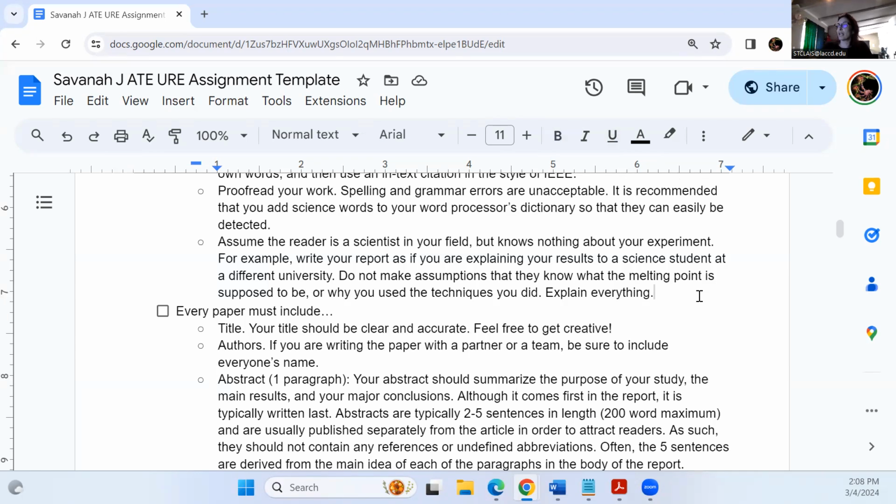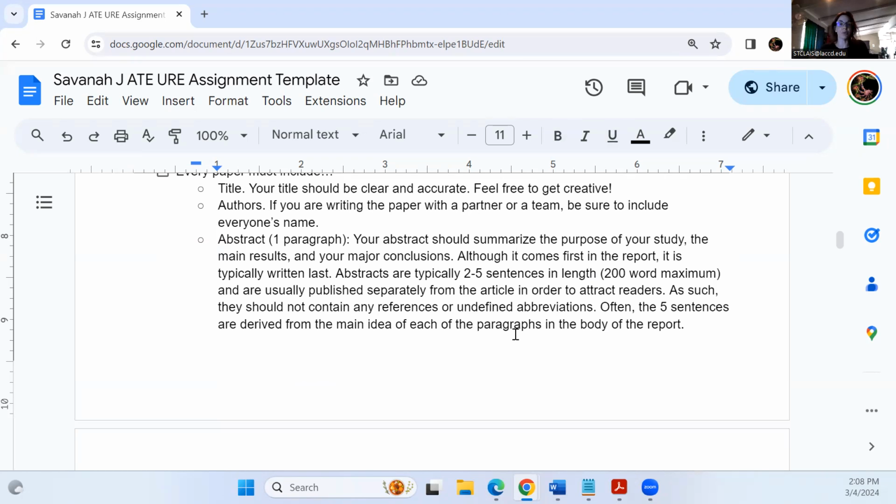So assume that the reader is a scientist in your field, but doesn't know anything about your experiment. So you want to go ahead and explain everything fully. Don't make any assumptions that they know everything about your technique or the material that you're working with.